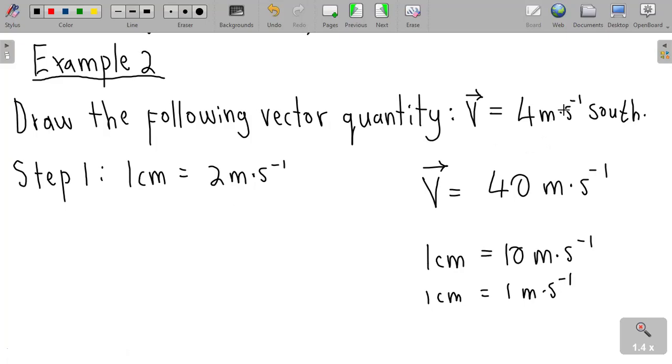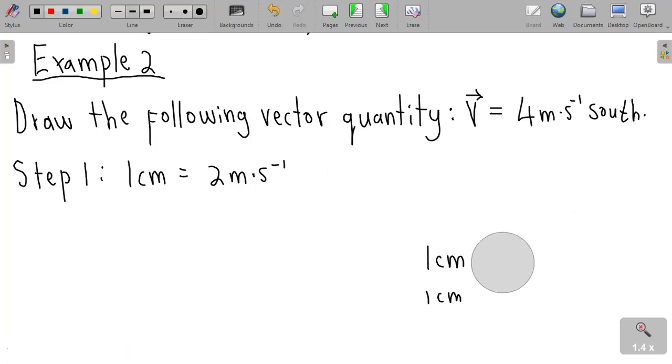Your vector must not be bigger than the page that you have. It should be reasonable. I just wanted to make it clear, because sometimes people ask how do you select the scale. We make it such that it fits onto the page. That's just the aim.